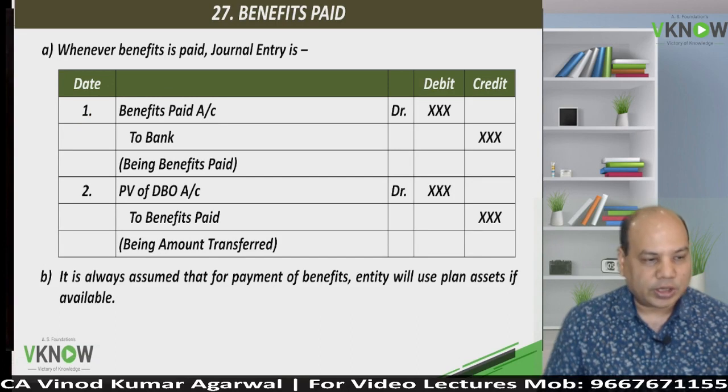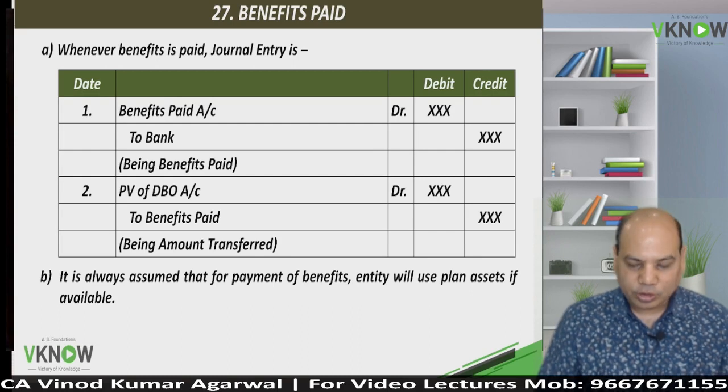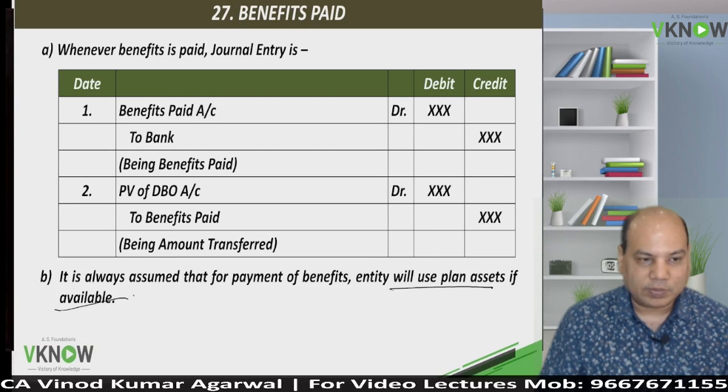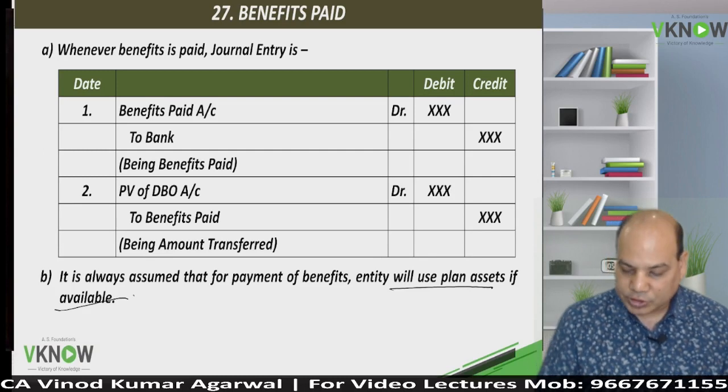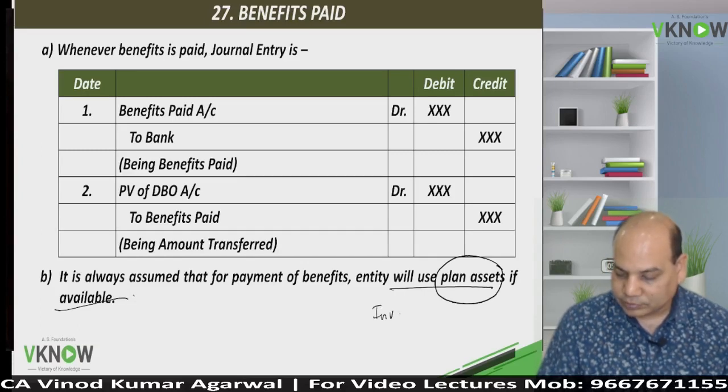Second point to be noted is that it is always assumed that for payment of benefit, the entity will use plan asset if available. So first priority we will give to plan asset. Plan asset means investment which we have made.